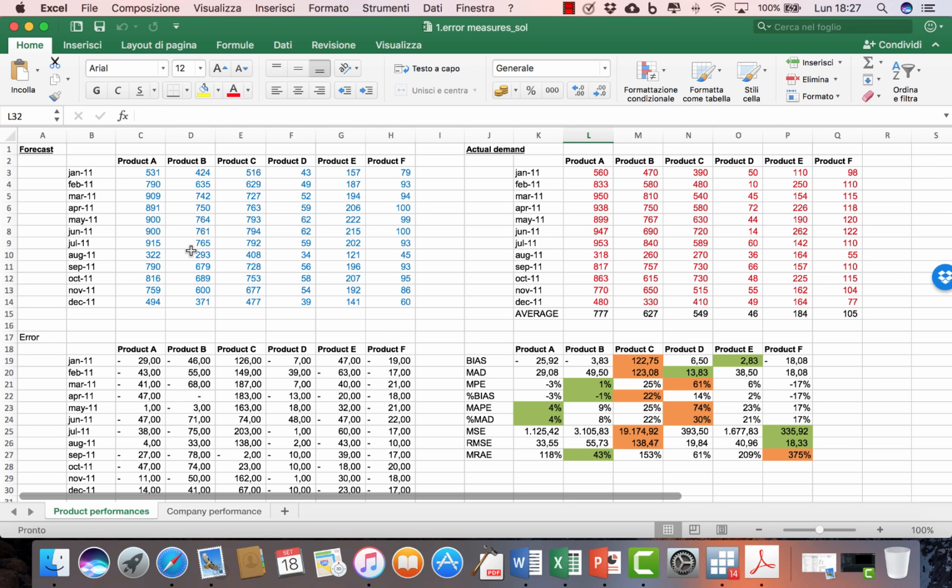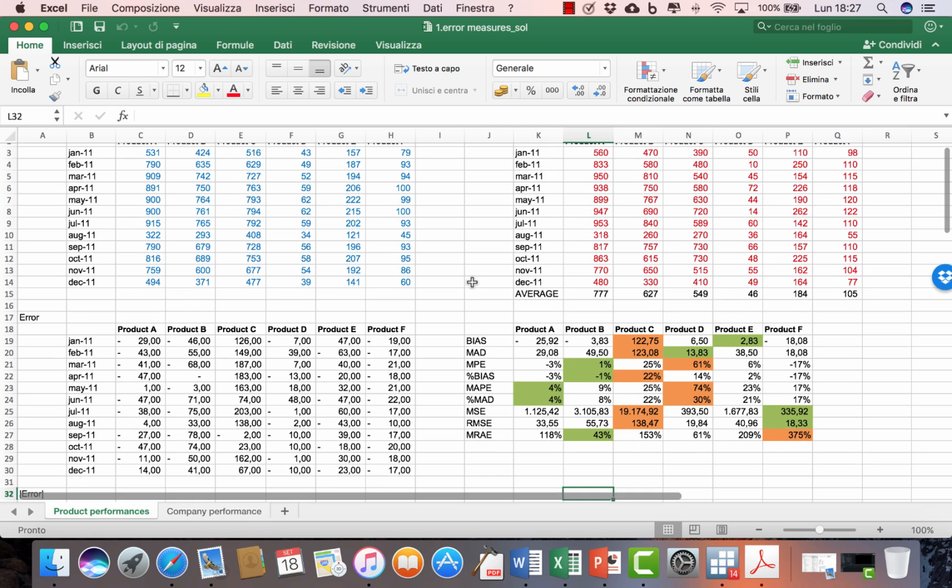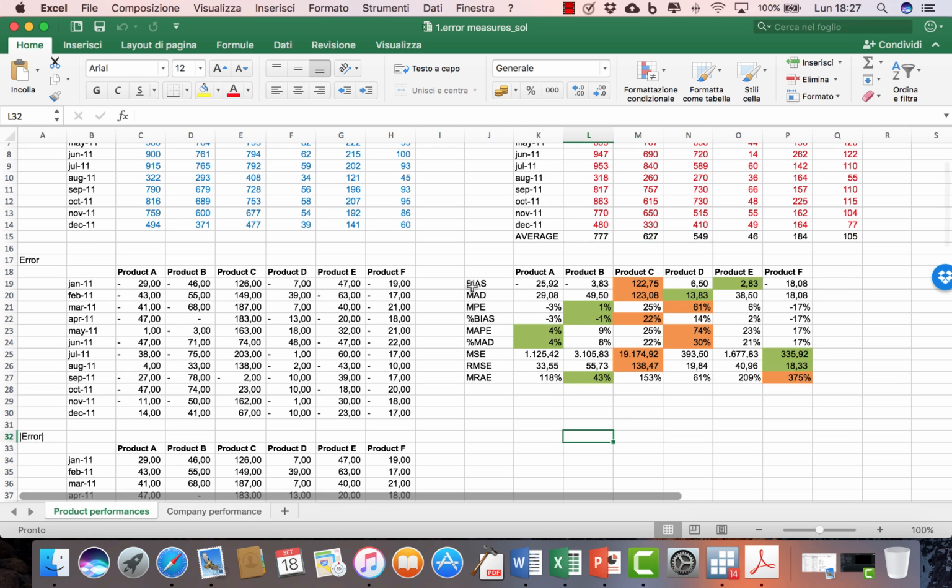Okay, as you can see, here was the starting point. You have the forecast for the product and the actual demand for the product. The trick here was to just set the different parameters that you need to evaluate, the different indicators to evaluate performance of forecasting. You should evaluate first of all the error.